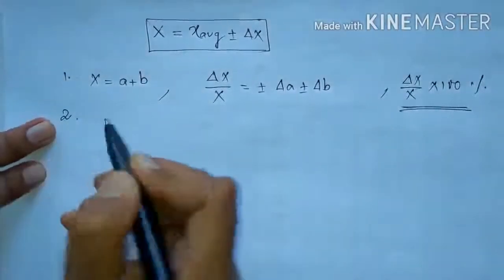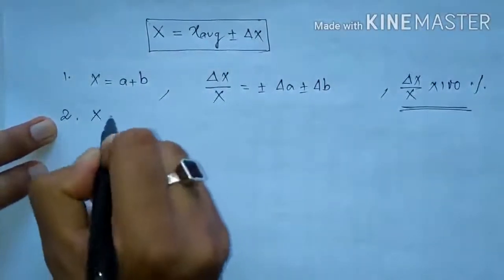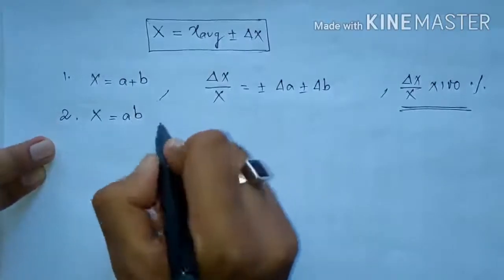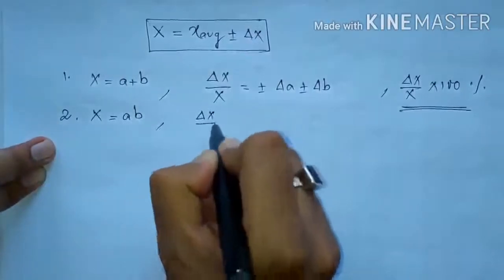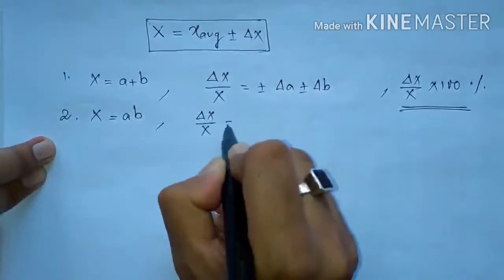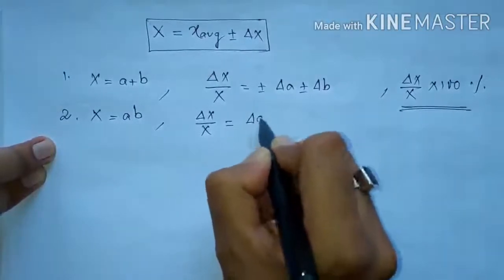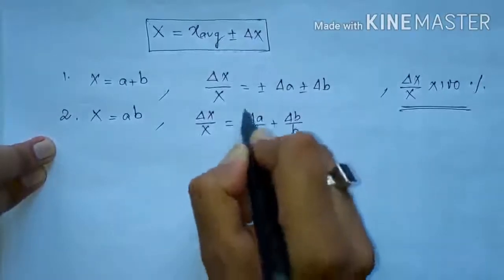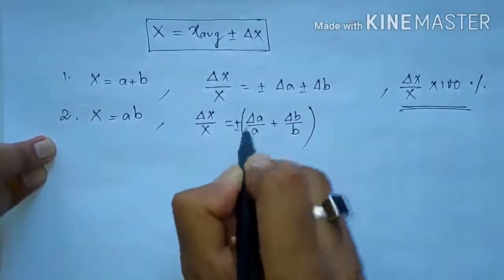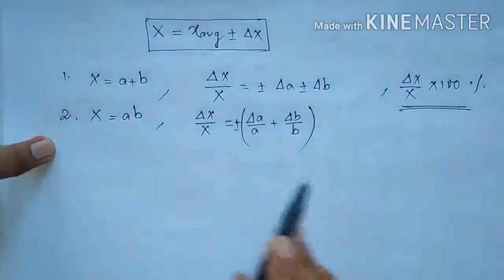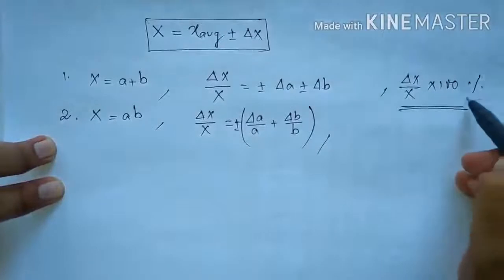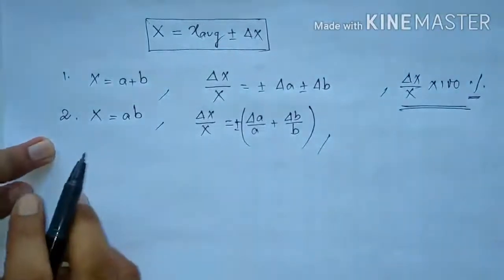Similarly, if the form of x is ab, then the expression for relative error is delta x by x equal to plus minus delta a by a plus delta b by b. For the percentage error, I just have to multiply this by 100 and put a percentage sign there.